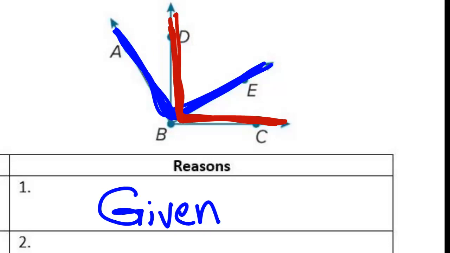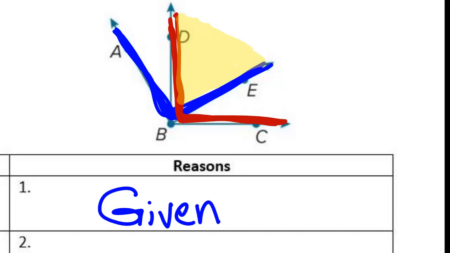They share B. Where are they overlapping at? What is in the interior of both angles? E is? What else? D. So this whole angle right here, angle DBE, is in the overlapping space between these two angles.